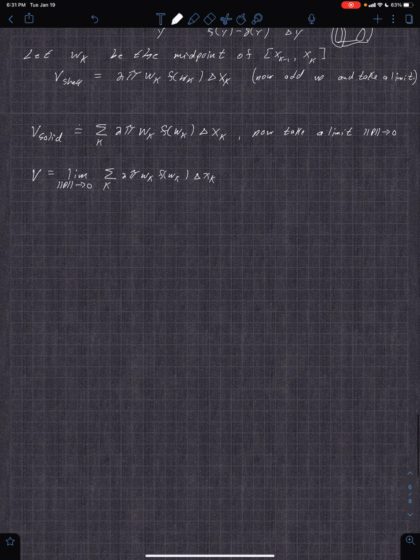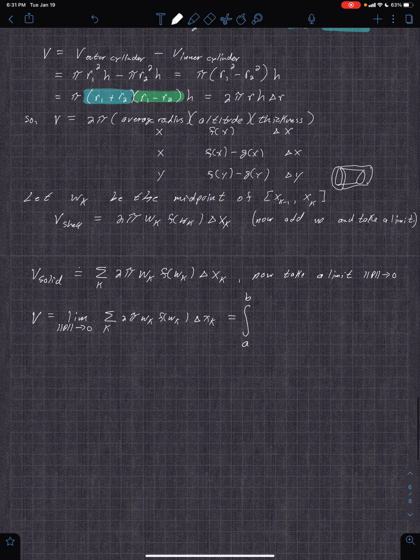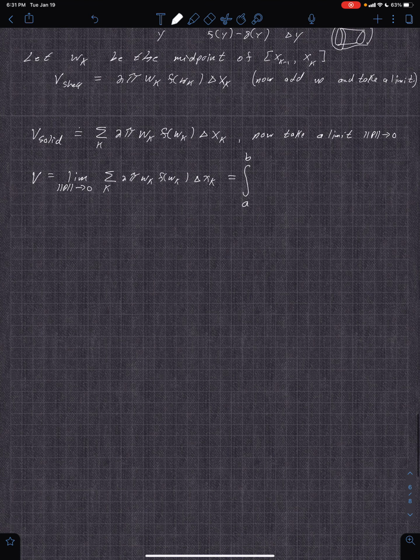All right, so that's a Riemann sum. So that translates, by definition, to the integral from a to b. And I didn't define the interval from a to b back here. But then it's 2 pi, and then that's just x, f of x dx.